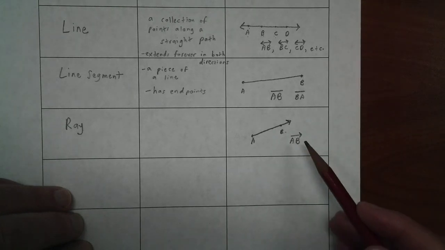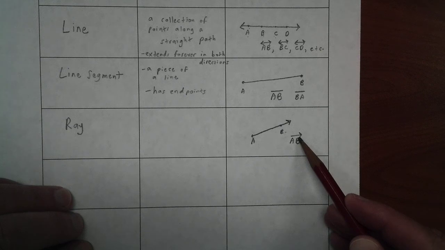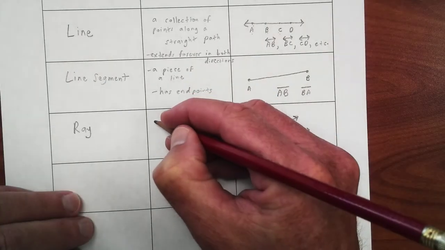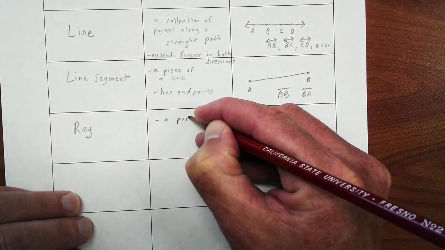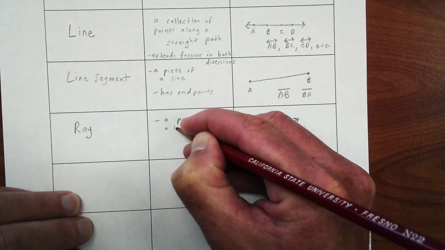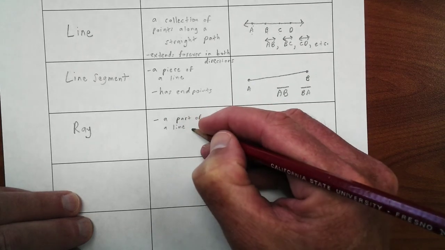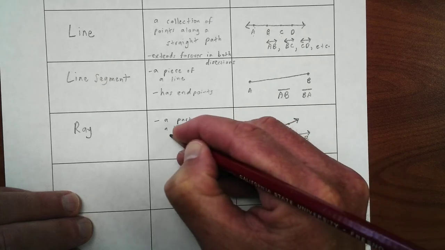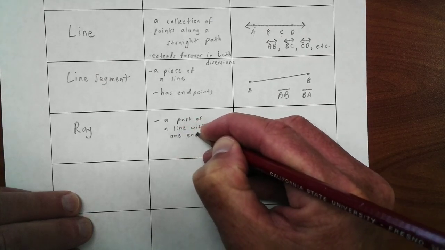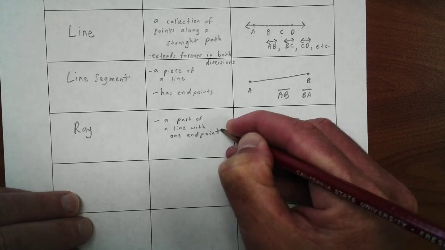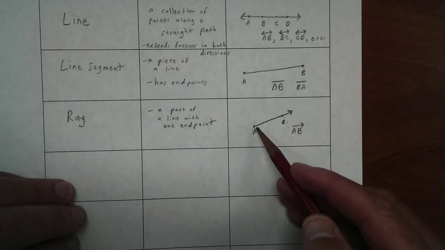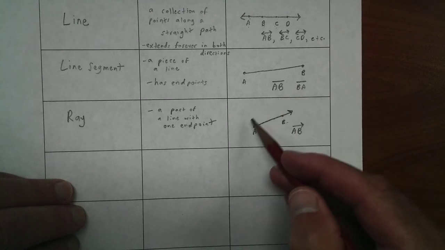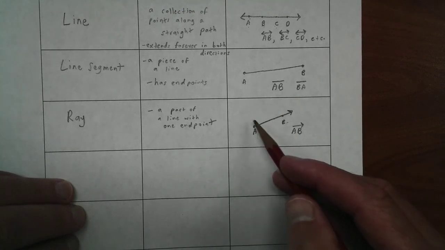Notice the ray sign. It's an arrow going in one direction. So a ray is a part of a line with one endpoint. And it goes only in one direction. Notice I drew this angled up. You could also have it going down or to the side.